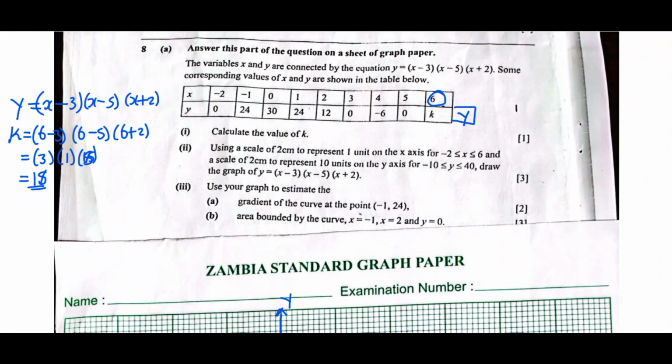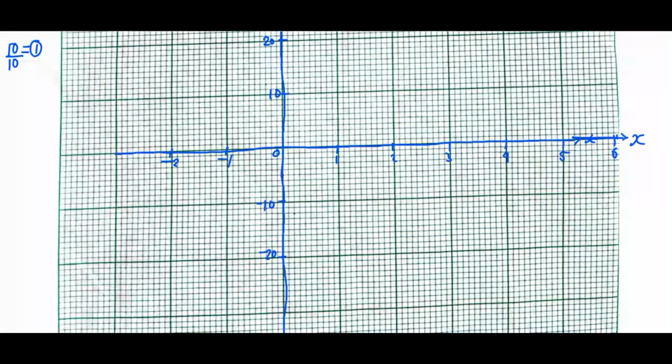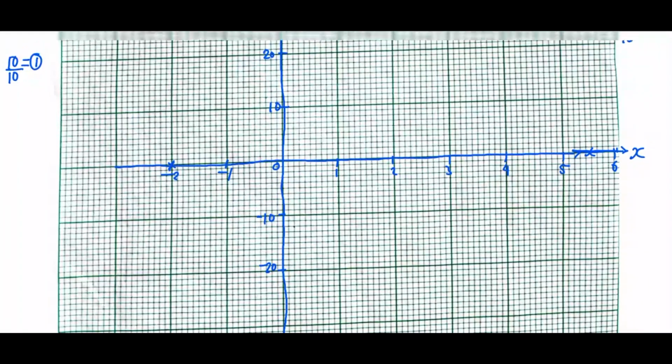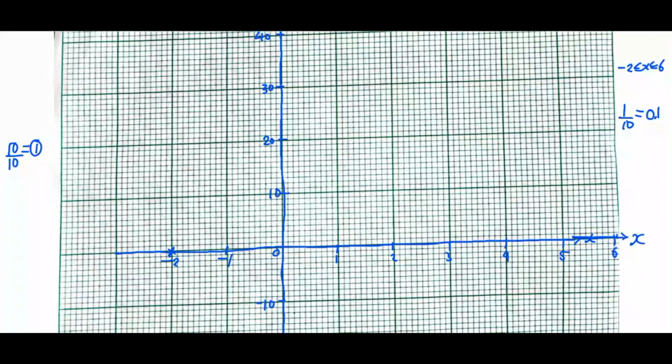Begin. The first one is -2, 0. -2, 0 is just here. The second one, -1, 24. So -1, 24: 21, 22, 23, 24 is here.